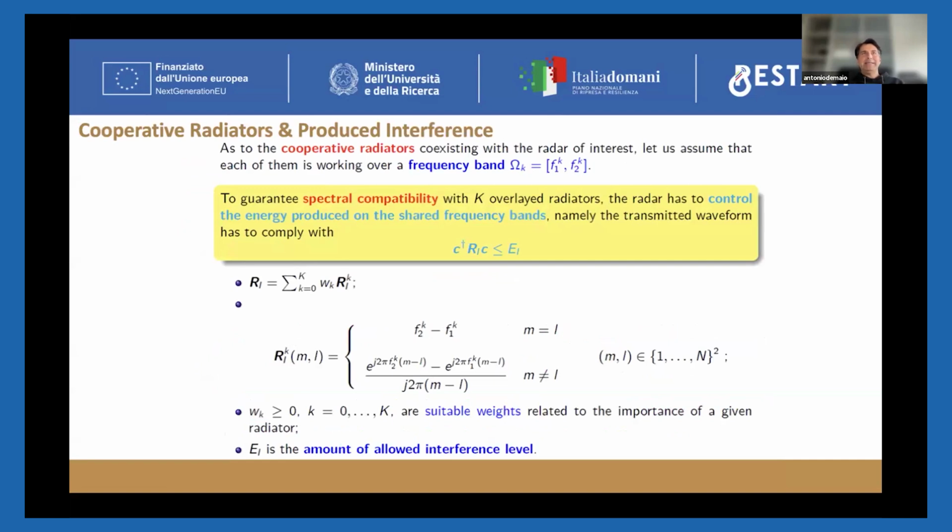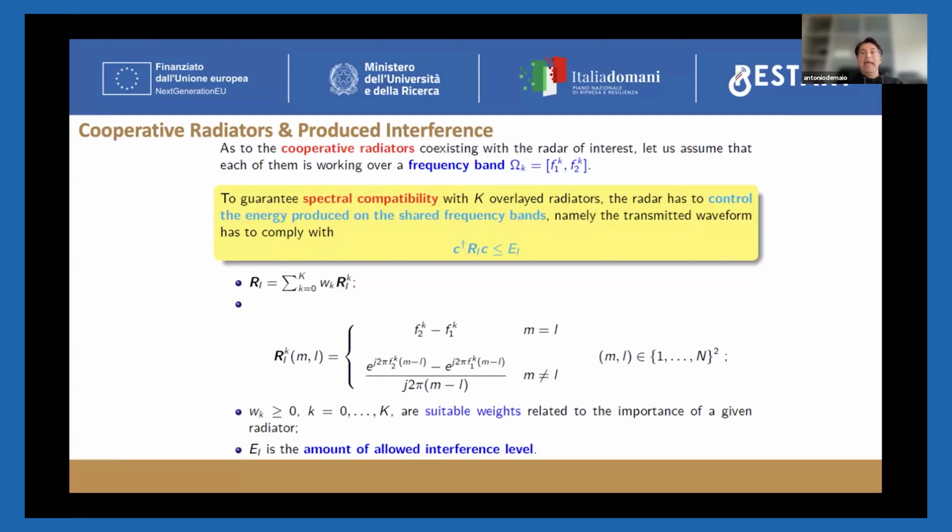As to the licensed RF systems coexisting with the radar of interest, we assume that each of them operates over a specific spectral bandwidth, which is denoted by omega k, whose knowledge relies on radar environmental cognition, as we will see later in this talk. And to guarantee spectral compatibility with these systems, the radar has to adequately shape its transmit waveform so as to control the amount of interference which is produced on the shared frequency bandwidths.